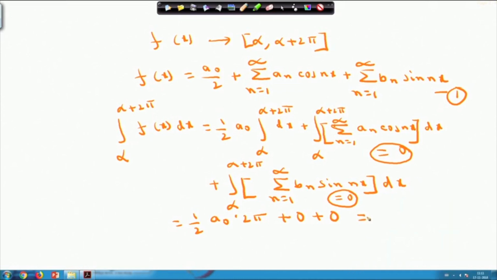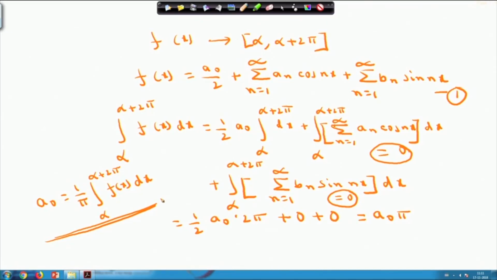So, you obtain the value as a naught into pi, the 2 being cancelled. So, from here I can say that a naught equals 1 by pi times the integral from alpha to alpha plus 2 pi of f(x) dx. So, you got the first formula, that is a naught equals 1 by pi times the integral from alpha to alpha plus 2 pi of f(x) dx.